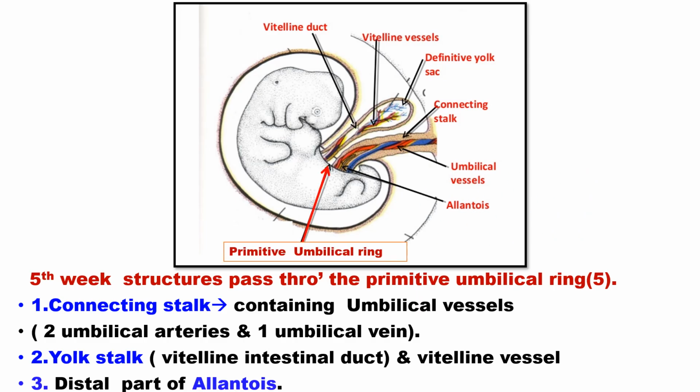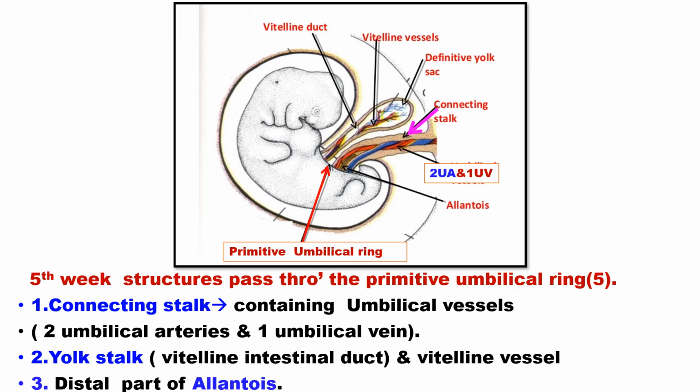It is the connecting stalk, that is when it is invaded by blood vessels, it forms the umbilical cord: two umbilical arteries and one umbilical vein. Arteries carry deoxygenated blood and the vein carries oxygenated blood.